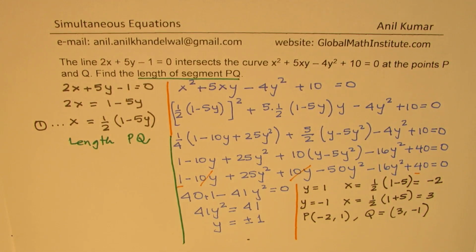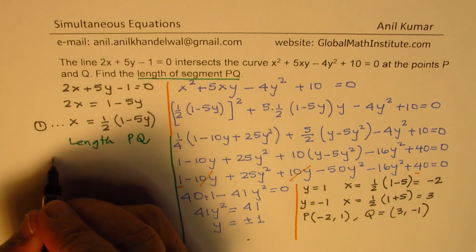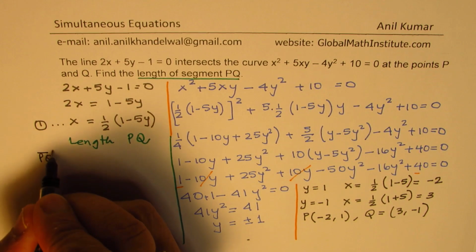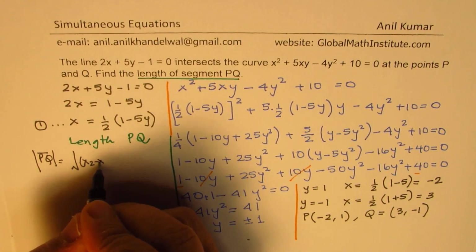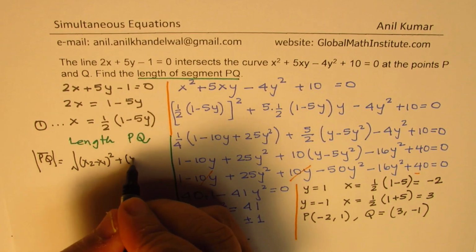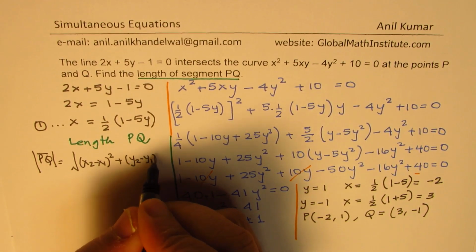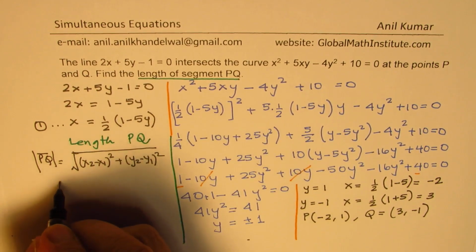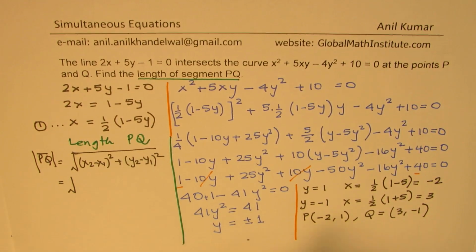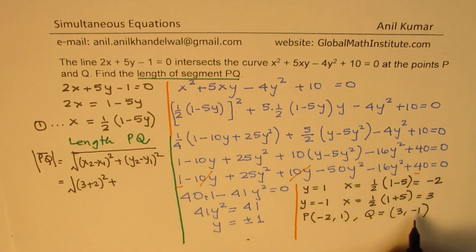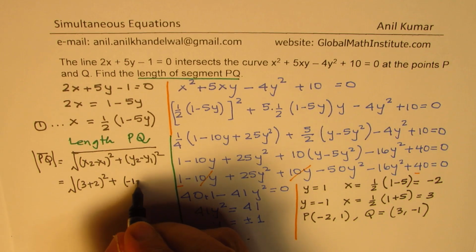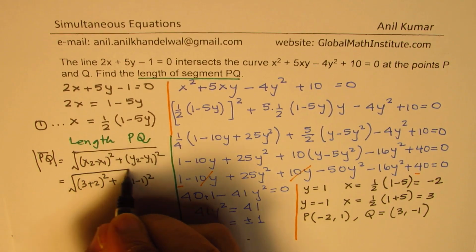So for finding the distance PQ, we'll use the formula that absolute value of PQ is square root of x2 minus x1 whole squared plus y2 minus y1 whole squared, correct? Now in our case, it is 3 minus minus 2, that is 3 plus 2, right, whole squared, plus minus 1 minus 1, which becomes minus 2, whole squared.